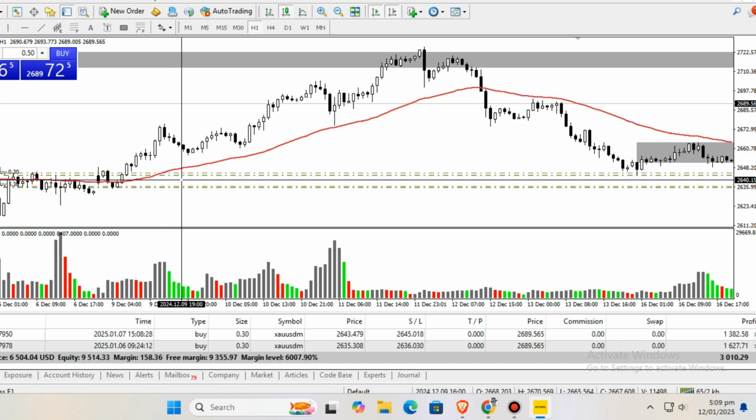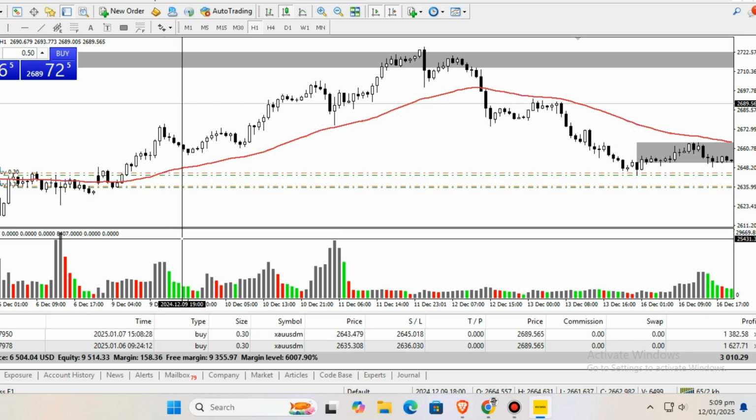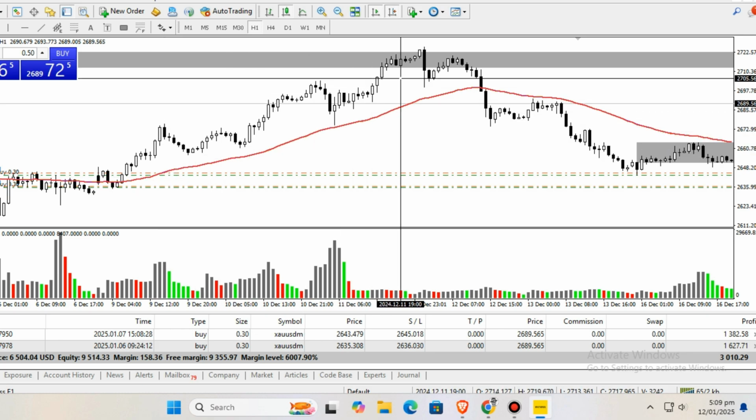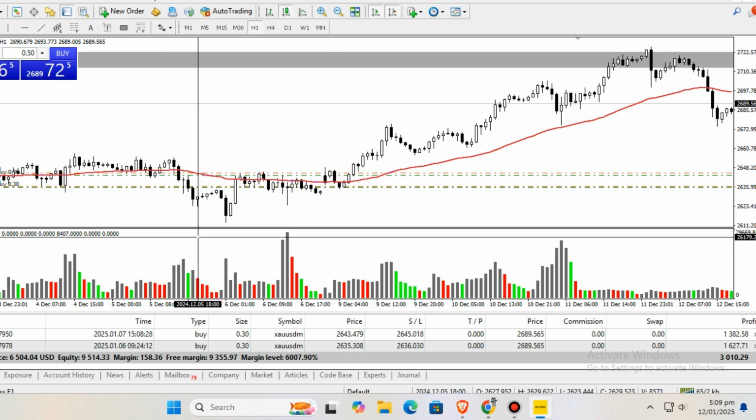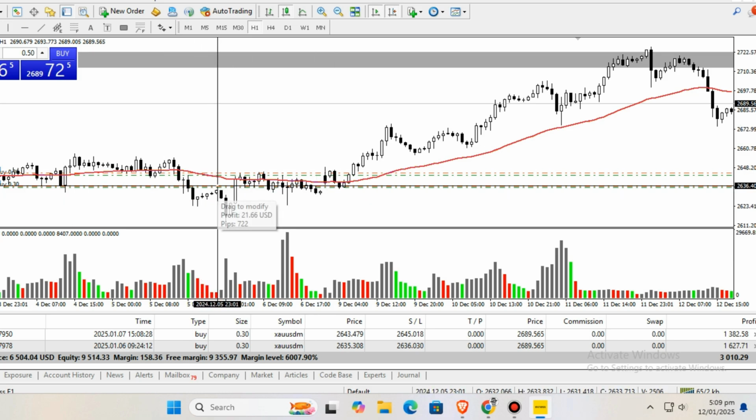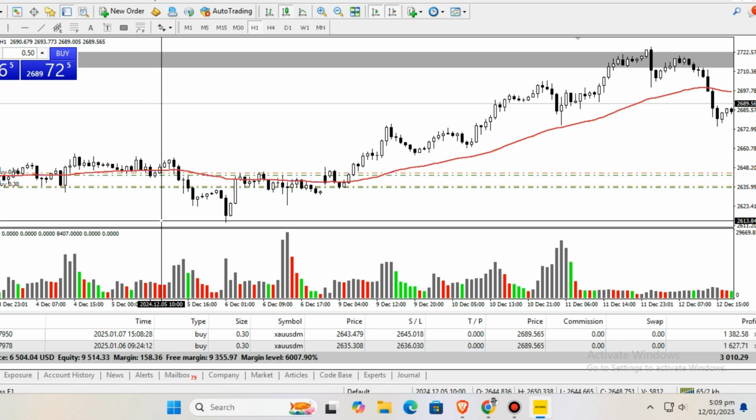So here again you can see four green candles formed and the market suddenly moves upside. Here you can see red candles formed and the market suddenly moves downside. Same scenario here: three red candles formed and the market suddenly moves downside. No one will give you these types of methods or techniques.